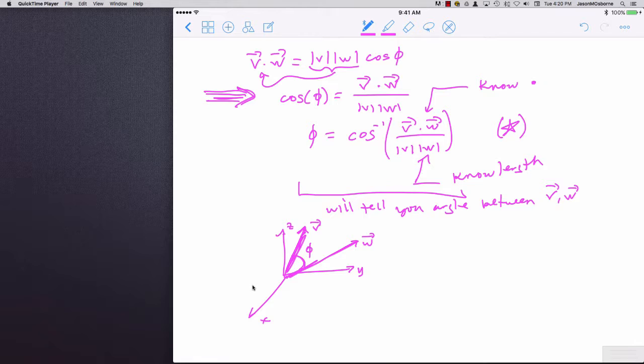So that would conclude our topic of the dot product. I think we've got a couple key points to remember: that the dot product of two vectors has a mathy definition, and it has a physics definition.